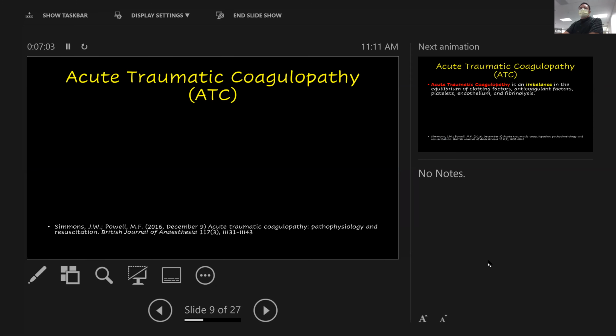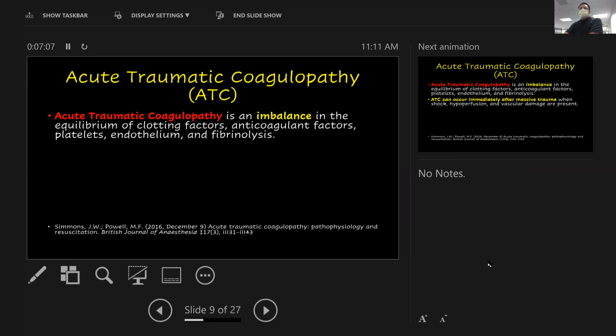There's something called acute traumatic coagulopathy, and we call that ATC. With acute traumatic coagulopathy, what we're finding is an imbalance in the equilibrium of clotting factors, anticoagulant factors, platelets, endothelium, and fibrinolysis.